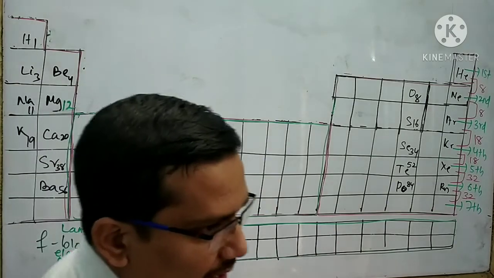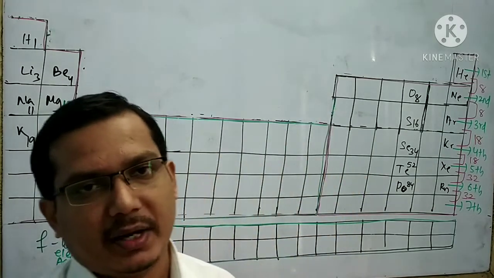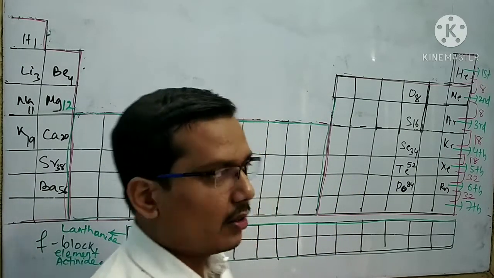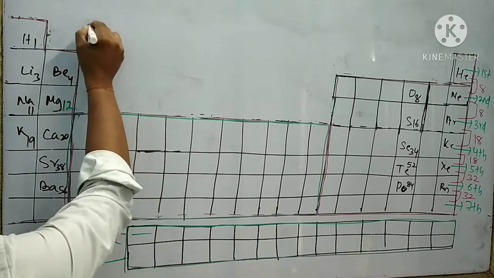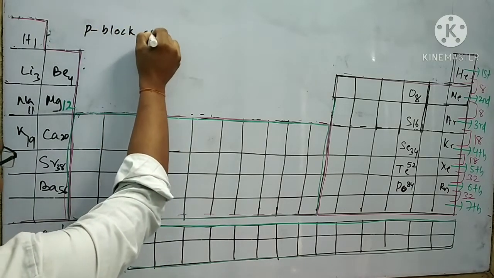Suppose I want to write the electronic configuration of an element belonging to the p block. For this, we generally remember a general electronic configuration for p block elements.